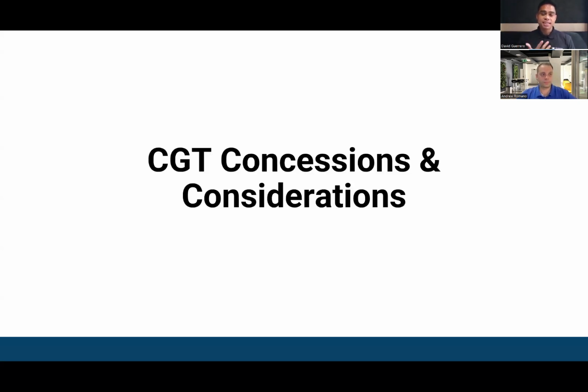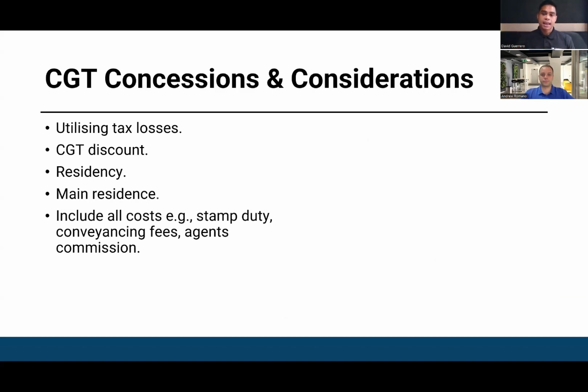Now, there are a number of CGT concessions and considerations that will ultimately impact the tax that you will pay. This includes utilizing tax losses, which you've incurred in the current year and in previous years, to make sure you report them in your tax return every year. Utilizing the CGT discount. So if you held the asset for greater than 12 months, the assessable capital gain is reduced by 50%.